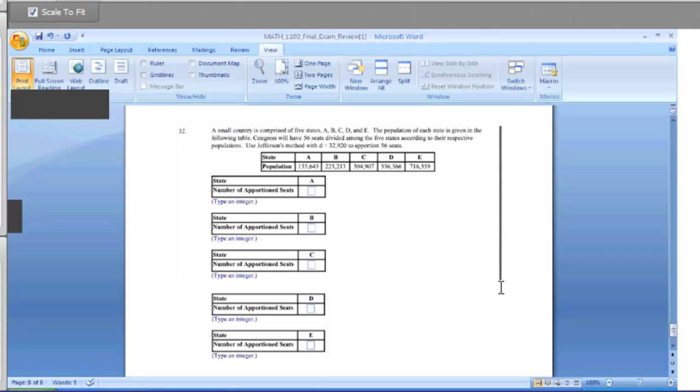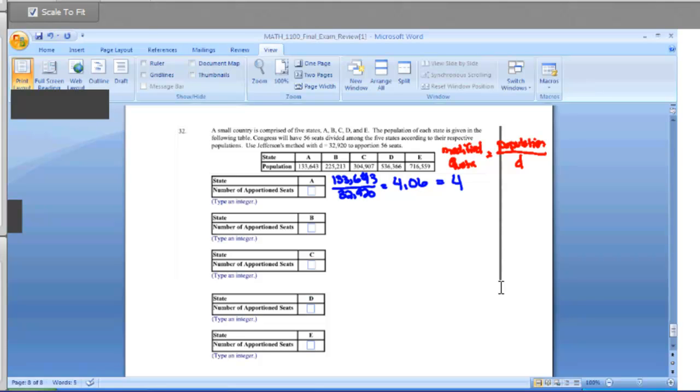The modified quota is the population divided by the modified divisor, or D. So for A, we're just taking that population, 133,643, dividing by 32,920. And we divide that out, we get 4.06, and we're going to drop off the decimal. So just 4.